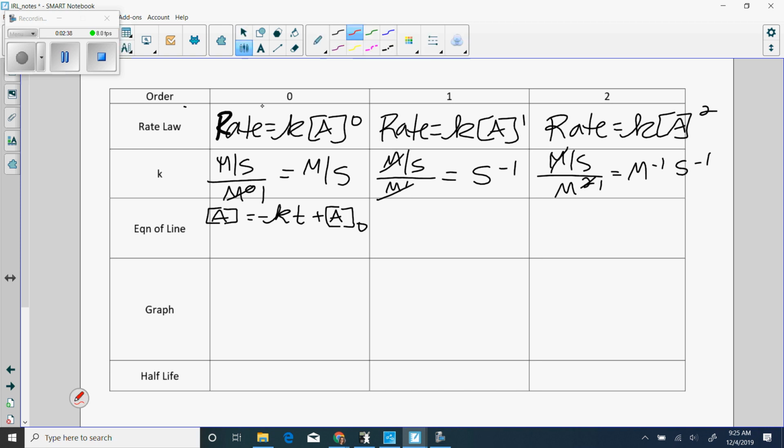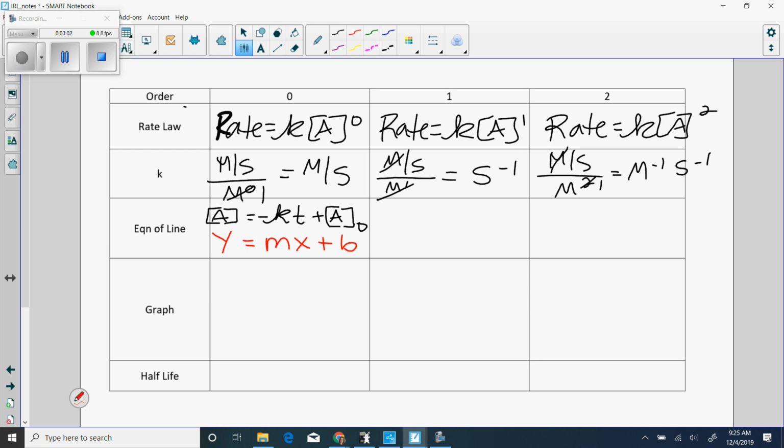So what I'm going to be relating this to is Y equals MX plus B. I'm going to make a big assumption that you remember what Y equals MX plus B is.